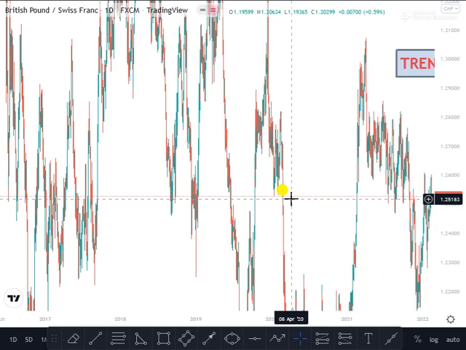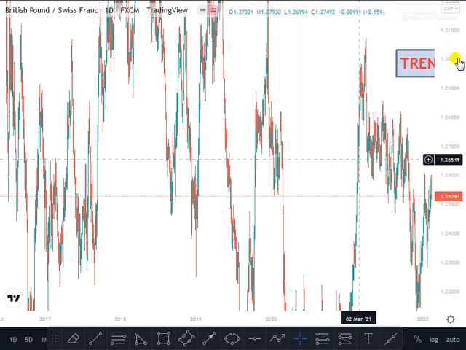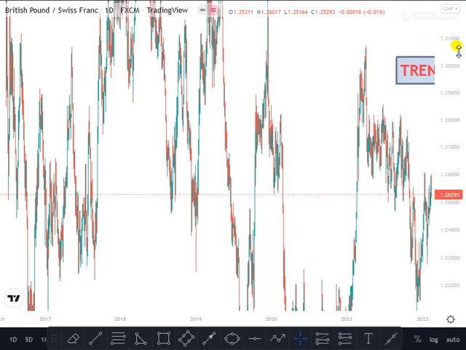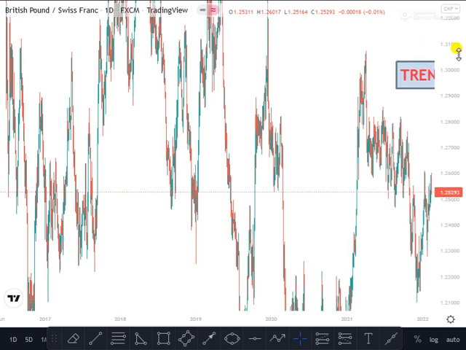Now when we talk about trend, we are actually talking about the direction of the market. The direction of the market can either be upward movement, downward movement, or sideways movement.